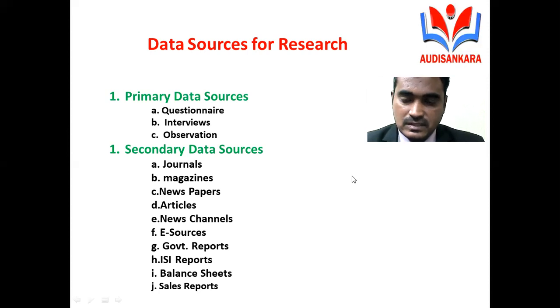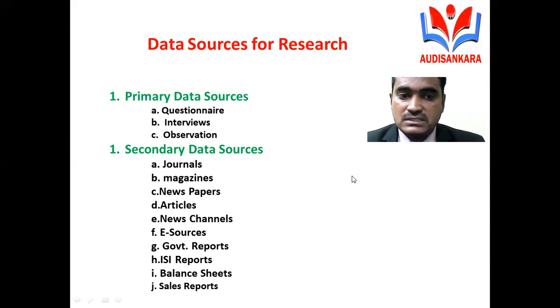Even our literature review starts with the secondary data sources only. So from magazines, journals, newspapers, articles, the findings of the articles, and the models, wherever we try to collect the literature, we start with the secondary data sources.